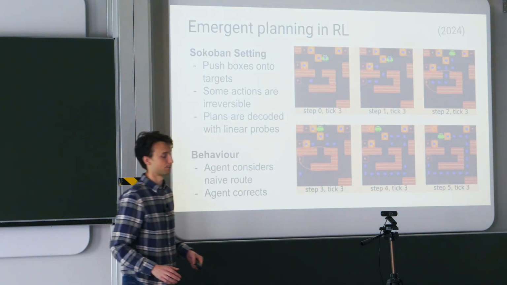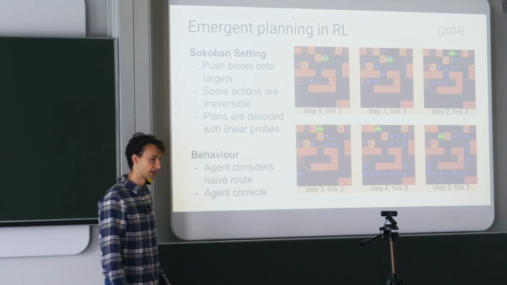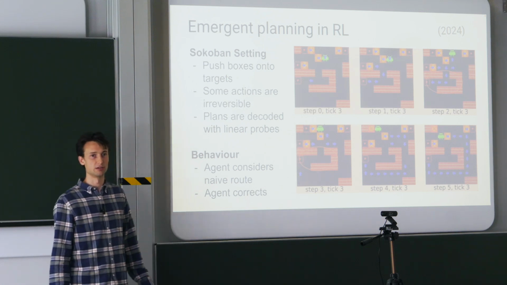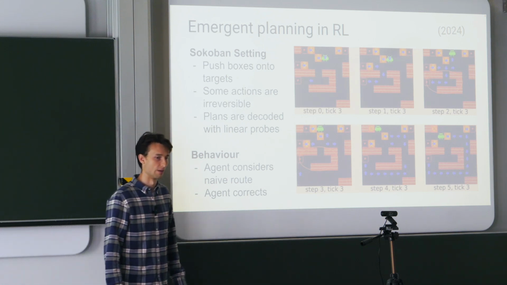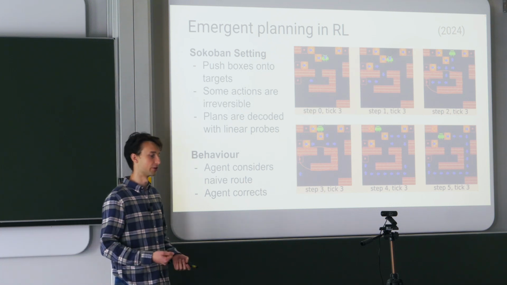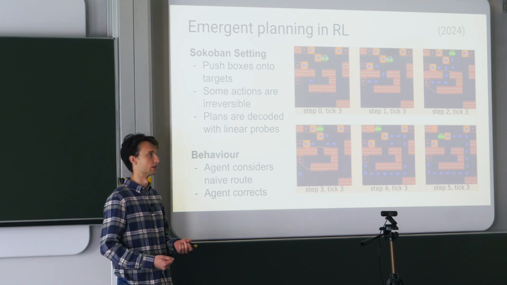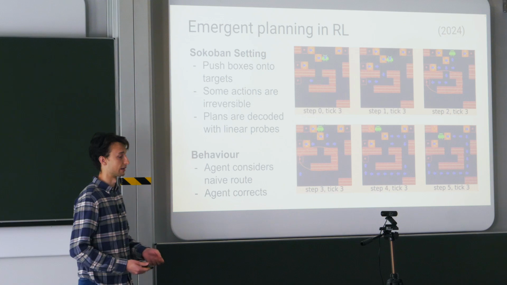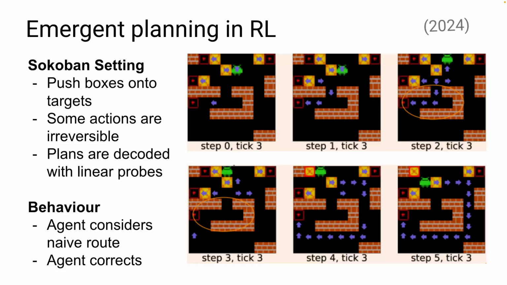Okay, so there we saw some very sophisticated behavior, but it could have been just due to a bundle of heuristics. It might also be possible that agents trained purely with reinforcement learning also learn strong planning capabilities. So this is a particular example that came out in a paper last year, where an agent is trained to play Sokoban.